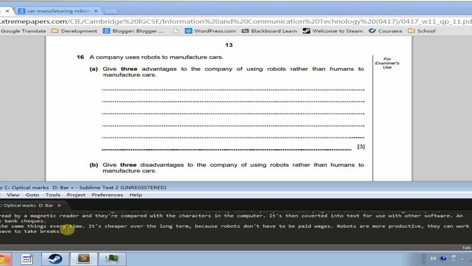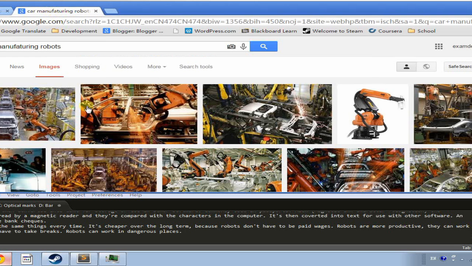Other things, you could maybe have things like robots can work in dangerous places. So if you're building cars, there's going to be a lot of sparks flying around. There's going to be a lot of heavy things being lifted, so it can be quite dangerous.